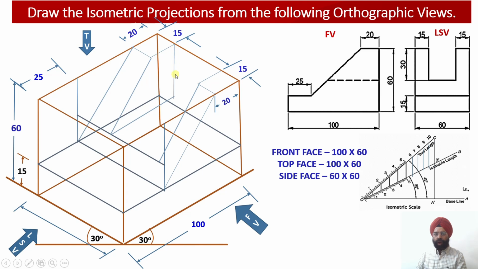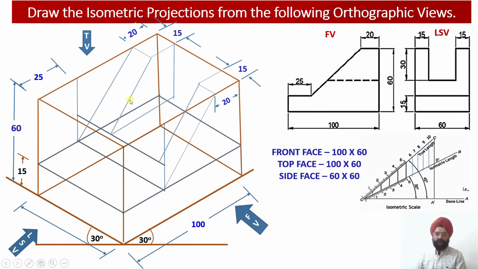And then once I drop a perpendicular 30 millimeter, then parallel to the z-axis, please check, I will be moving again parallel to the z-axis over here, and I will be getting a point of intersection over here. So this way I can work out the length of the internal edge of this particular web.